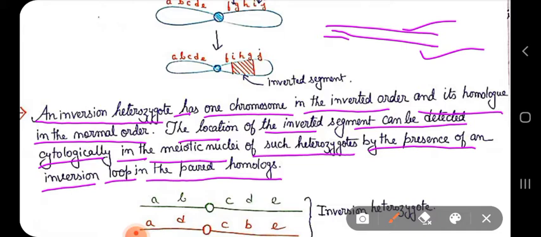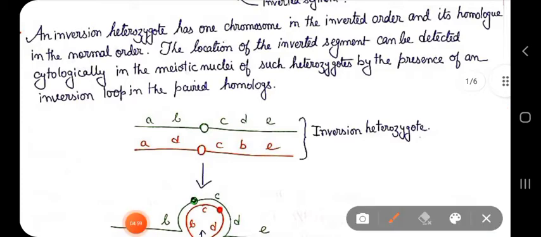So to observe inversion in an inversion heterozygote, in which one chromosome has the inverted segment while its homolog is normal, it can be observed cytologically, through a microscope, especially in the meiotic nuclei during meiotic cell division, by observing a loop-like structure within the paired homologs. So this is an inversion heterozygote.